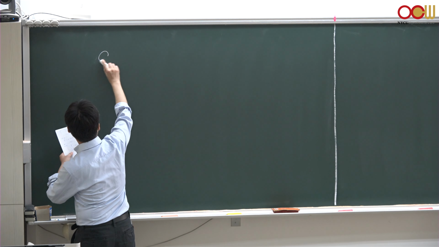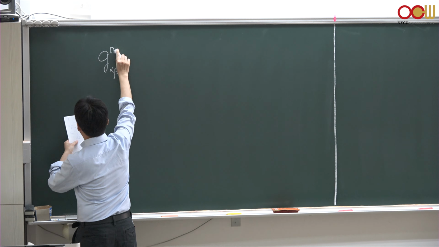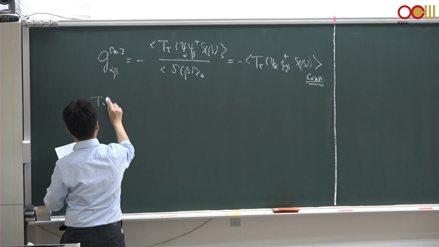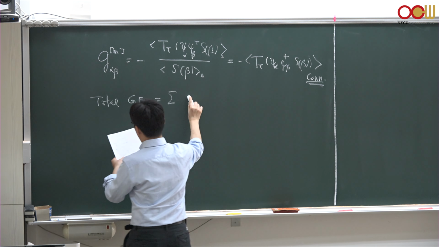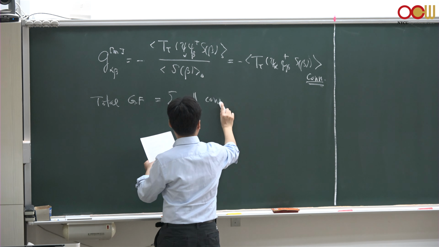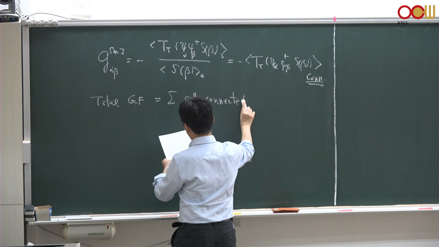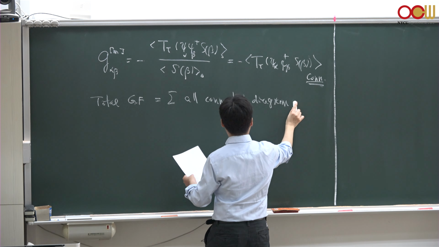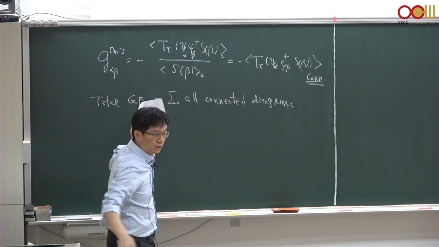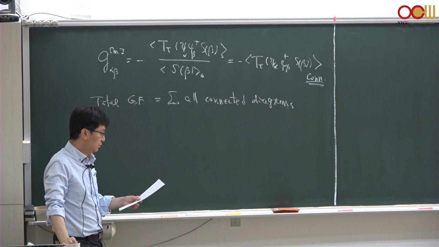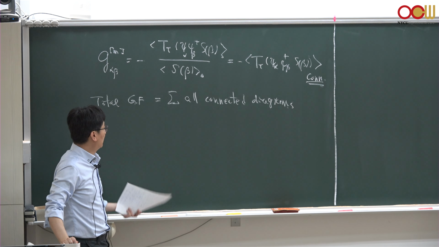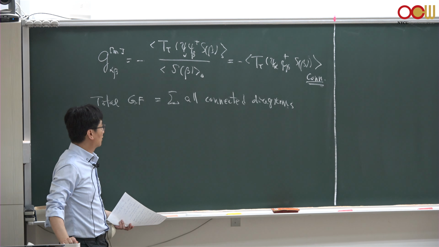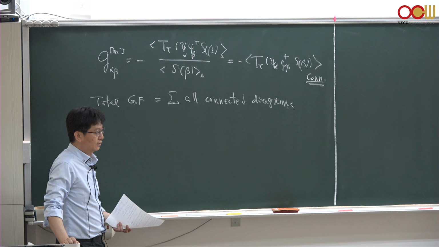So let's just define this connected. The total Green's function is just the sum of all connected diagrams. This is the final message of today's lecture. Next time we will start from this statement that we only need to consider the summation of all possible connected diagrams, and this will do the job.